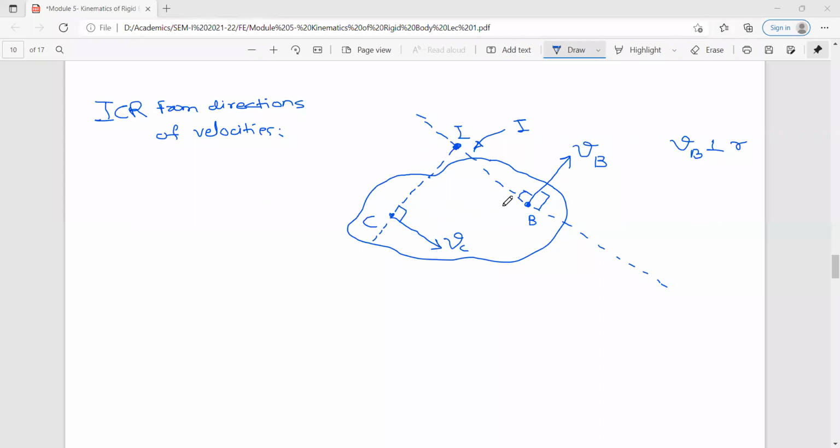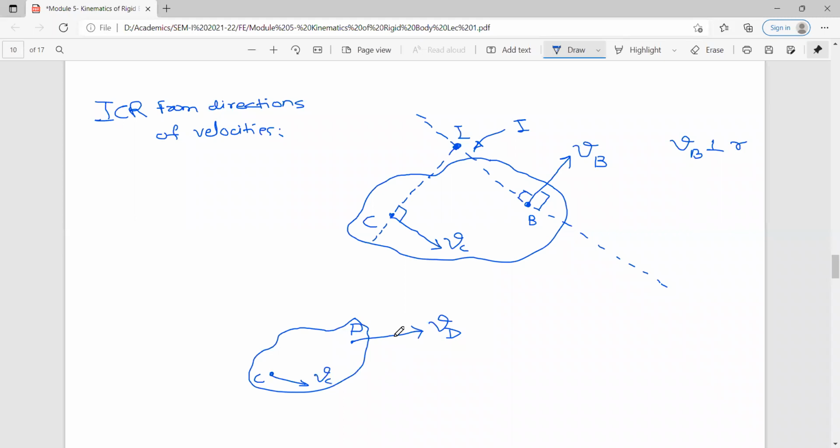So what I was explaining to you is that to know the ICR of any body, I must know the directions of velocities of any 2 points on it. Suppose I take point C and point D, and I know that point D is moving in this direction and point C is moving in this direction.